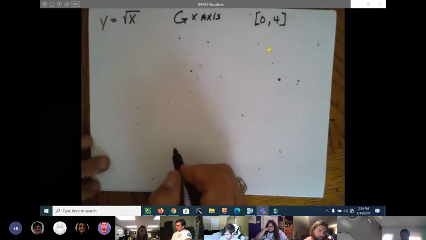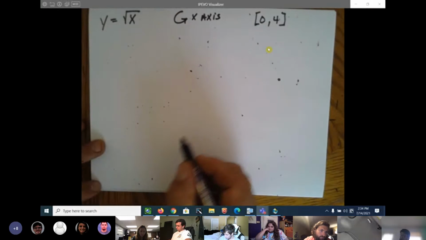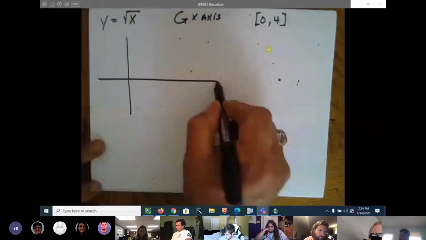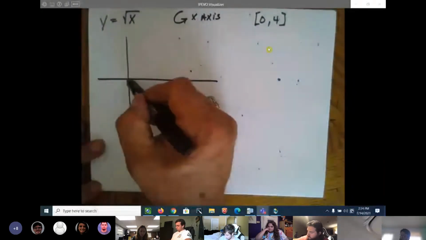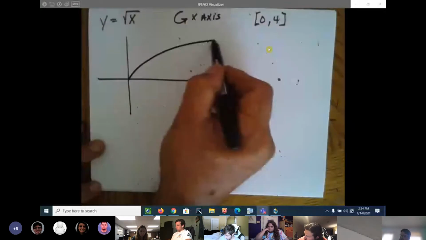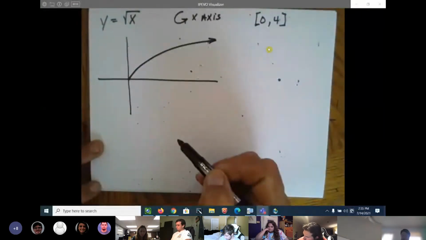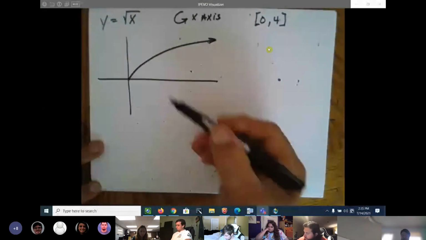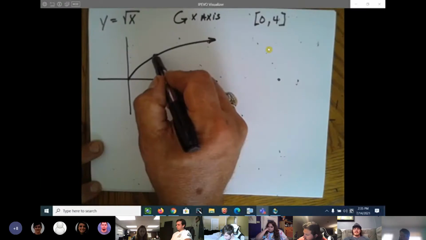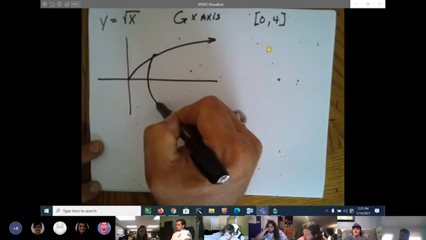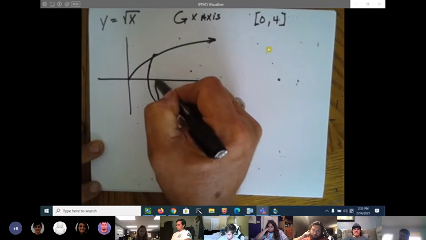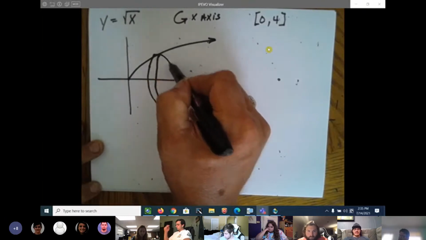All right. So I've got a square root of x that looks like this. I know, I suck at drawing.